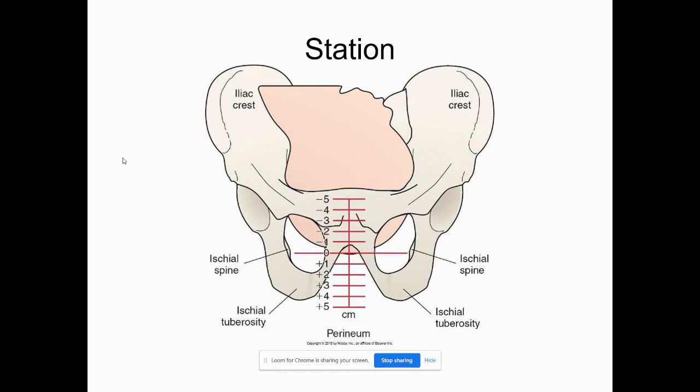If the baby is +1 station, the presenting part, in this case the head, is 1 centimeter closer to mom's vaginal opening, so that direction. In this particular diagram, the presenting part is at 0, so it is perfectly aligned with the ischial spines.